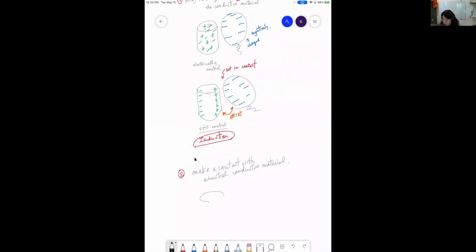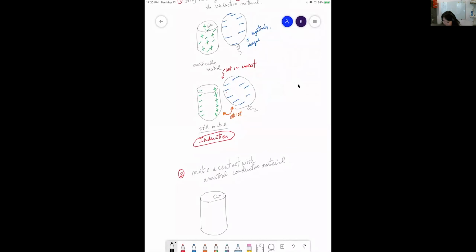Now, instead of just bringing it closer, I'm going to touch the can with the charged balloon. Again, by bringing the balloon closer, the can's charge is induced, but it's still electrically neutral.